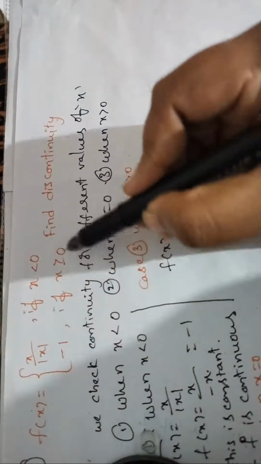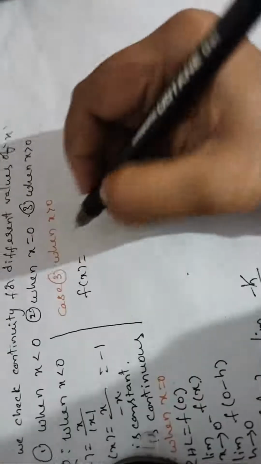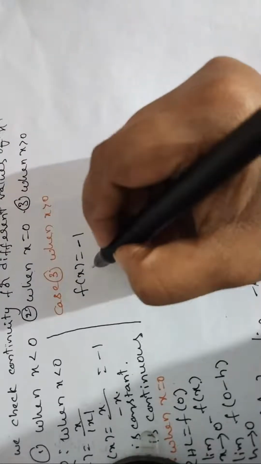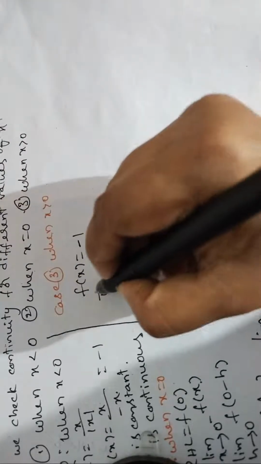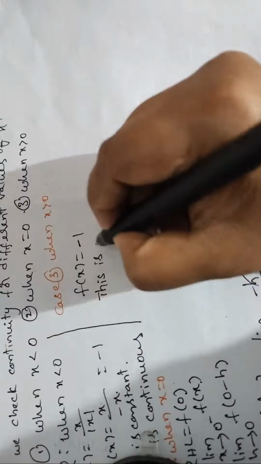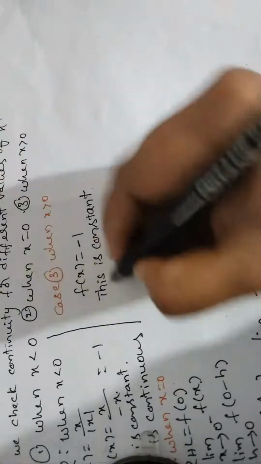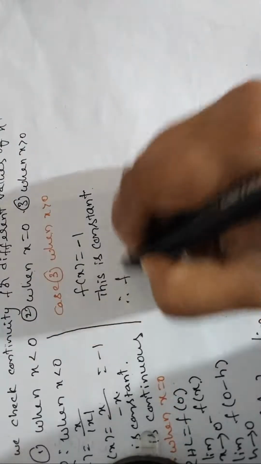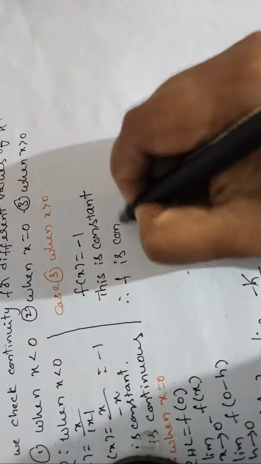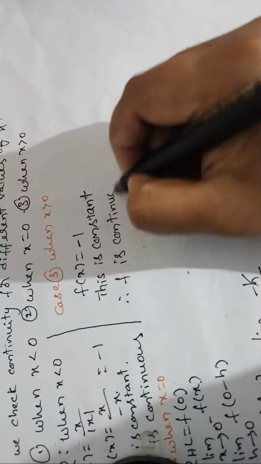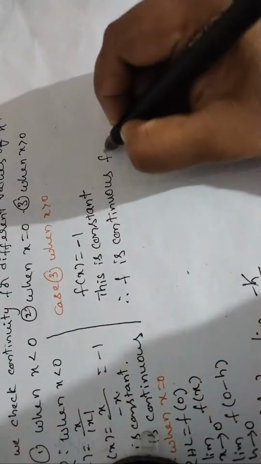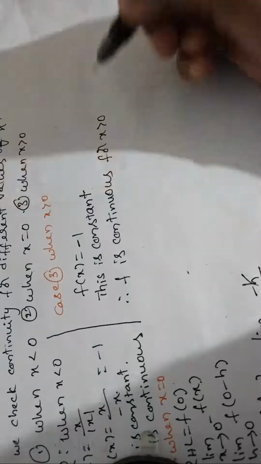It is greater than 0, the function is minus 1. So it is constant. Therefore f is continuous for x greater than 0.